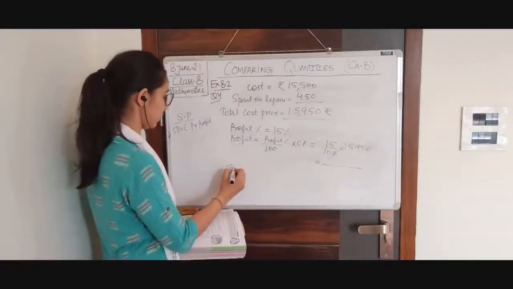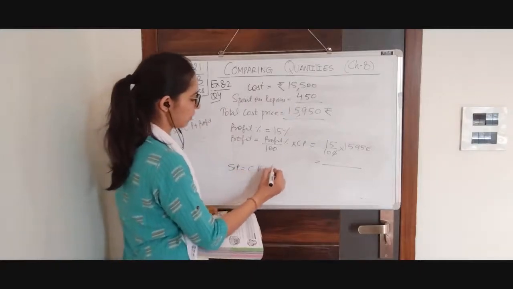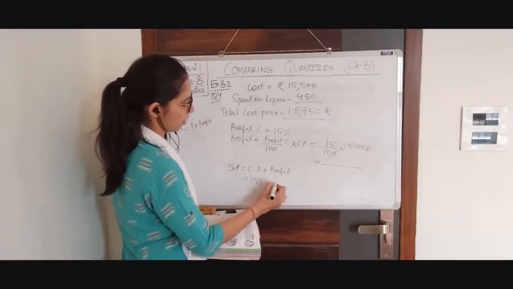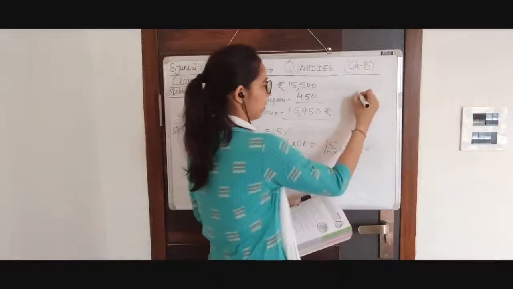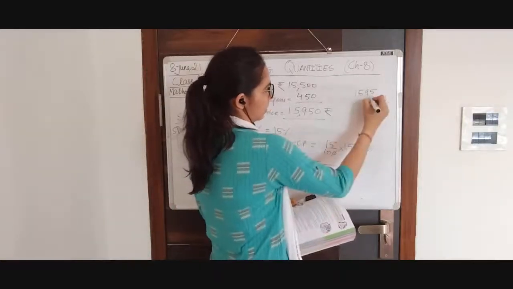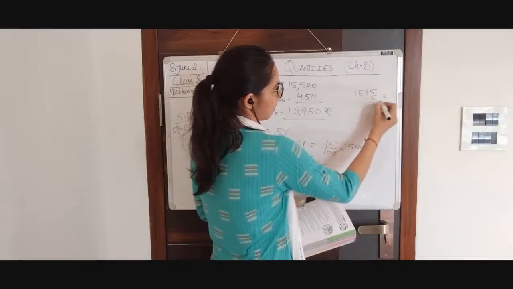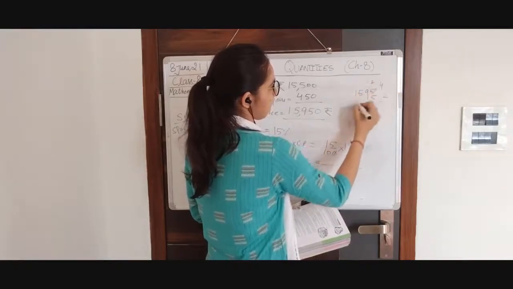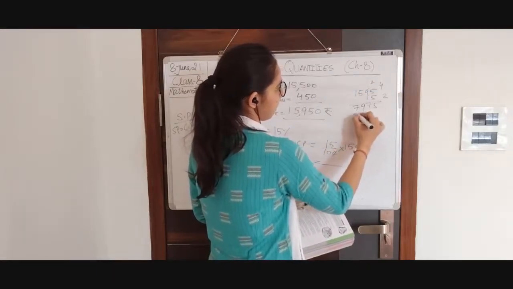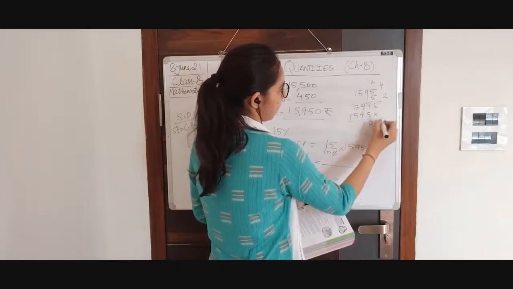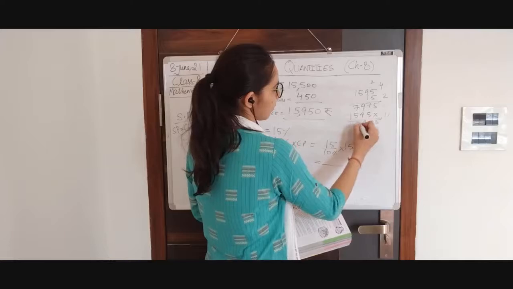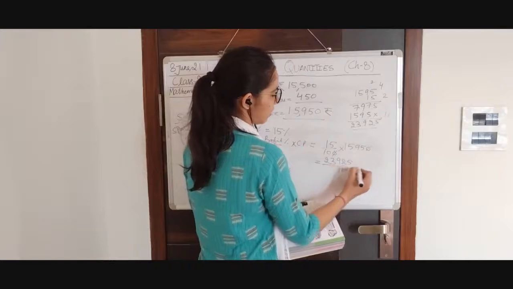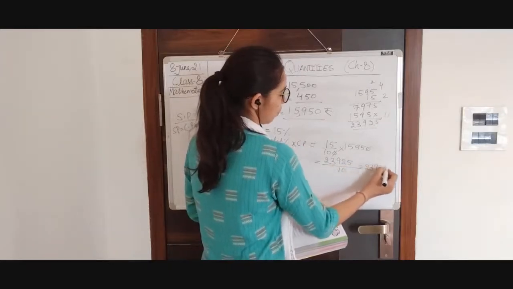And then selling price will be cost price plus profit. Cost price is 15,950 plus profit. We have to do calculations. 1595 into 15 is 23,925, divided by 10, that is 2392.5.